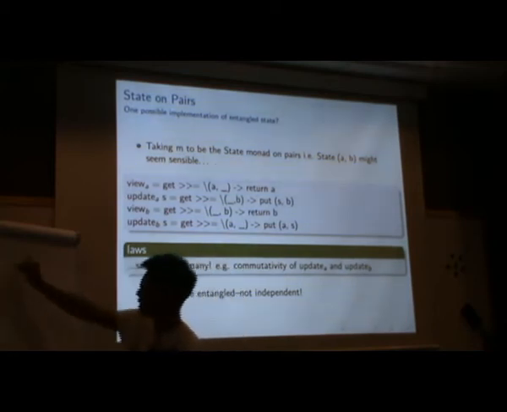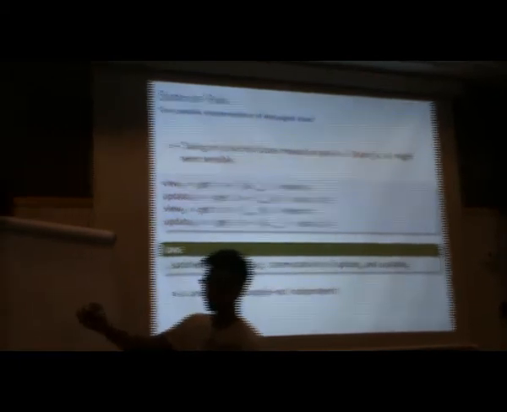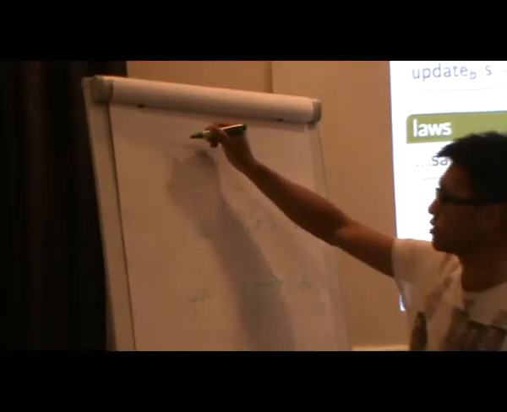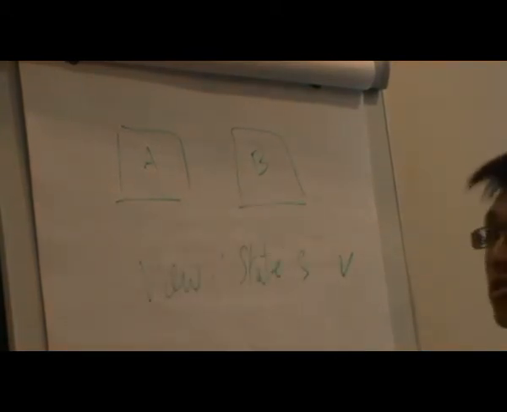the picture you want to have in your head is something like this. Think of the model as two memory cells, if you like. I've called them A and B here. So you would expect commutativity of update A and update B if they were distinct memory cells.